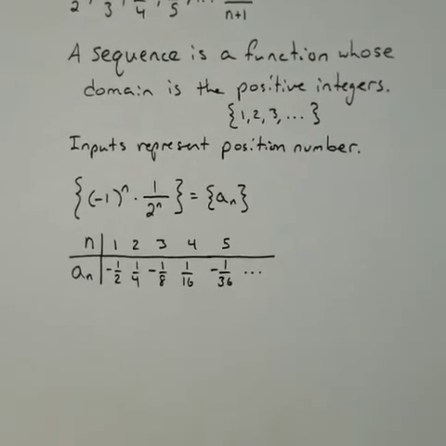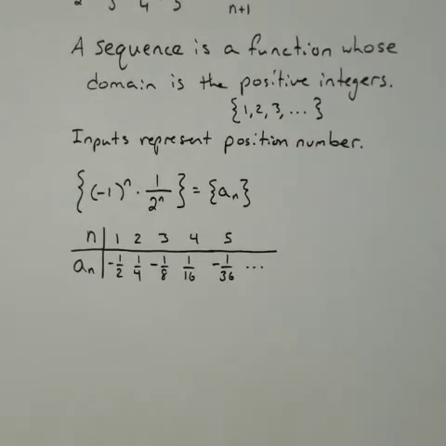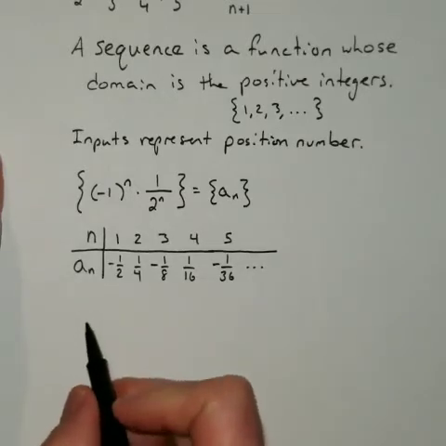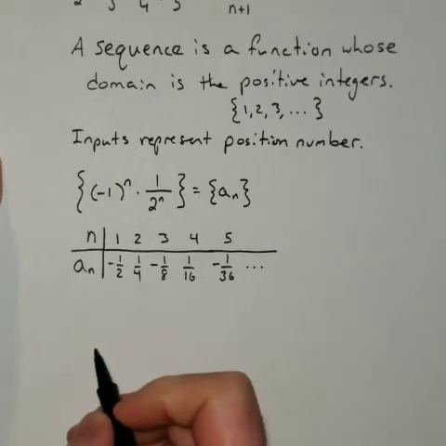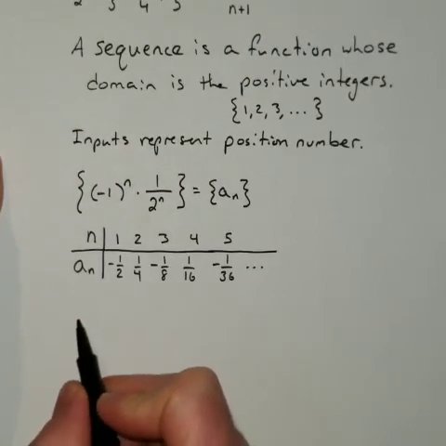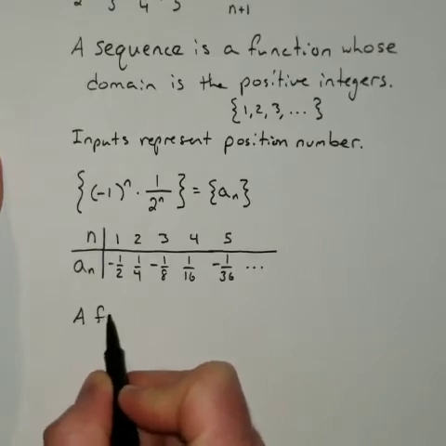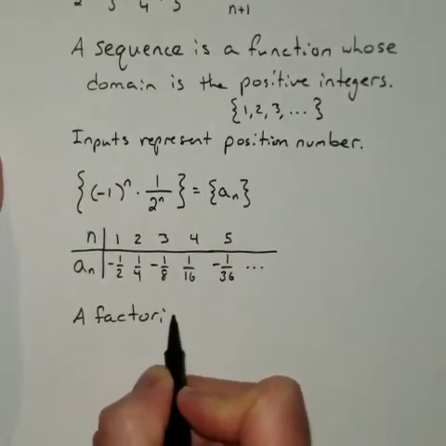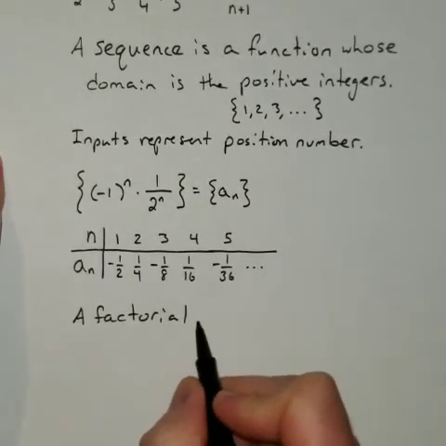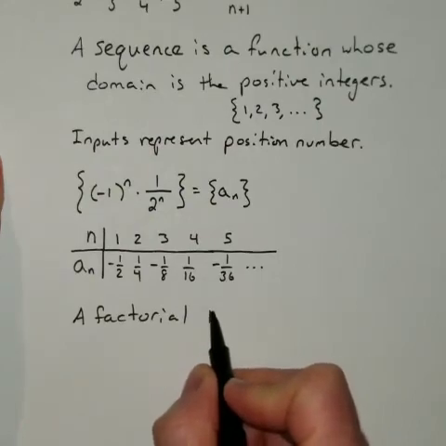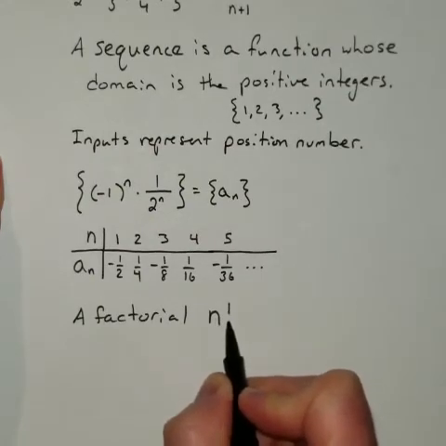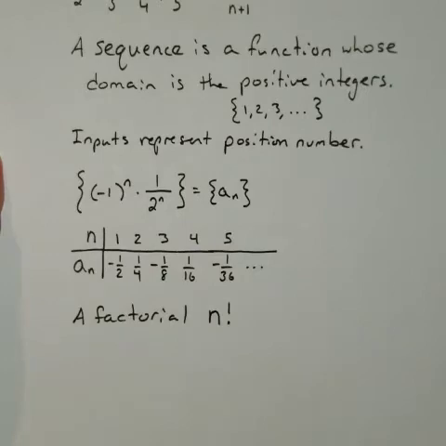A couple other things that are going to show up when we talk about sequences, and it's going to be the idea of something called a factorial. A factorial is represented by taking a number and using an exclamation point after it.